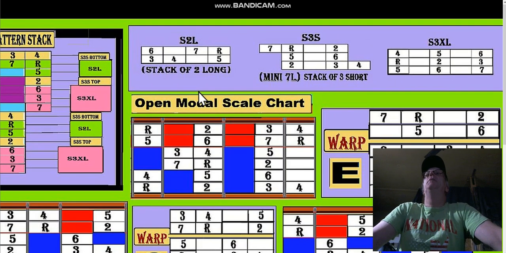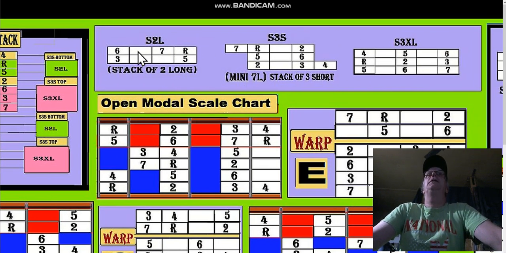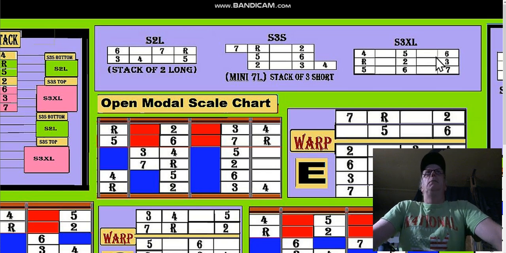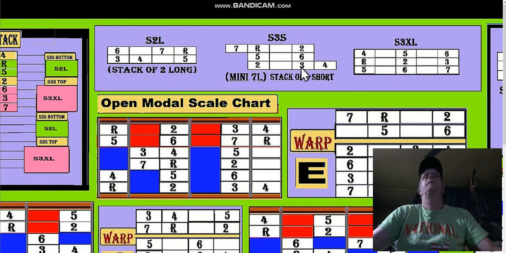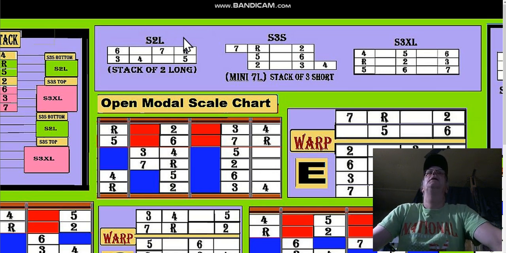All right, but they are part of these three patterns here. They stack one on top of another. So you stack this guy on top of this one, and then put this 634 over like that, and then you put this one over in that corner, and it forms your 7L.